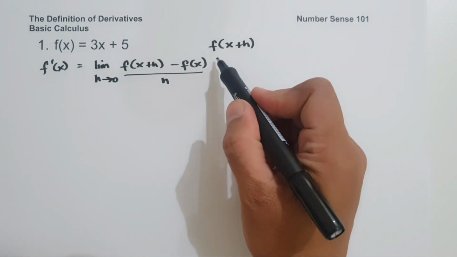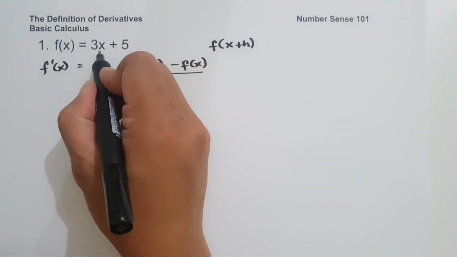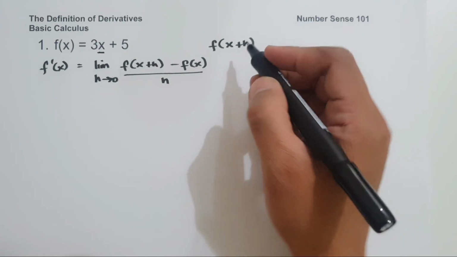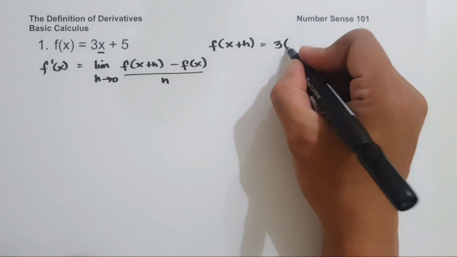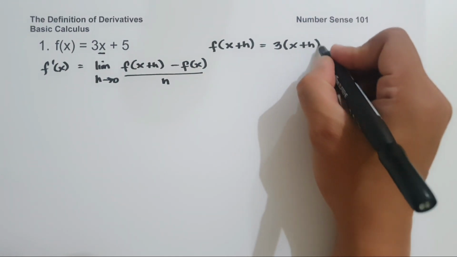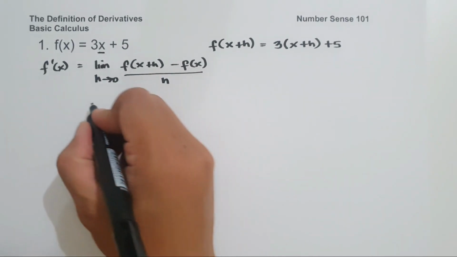To find the value of f of x plus h, let us change the value of x into x plus h, and that is 3 times the quantity x plus h, plus 5. So let us substitute this into the formula.